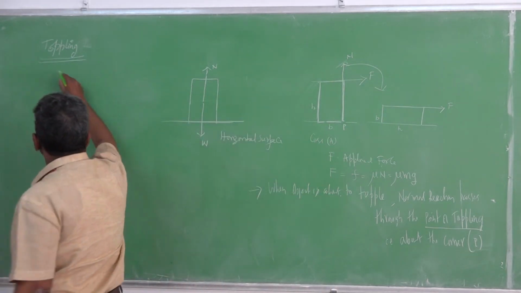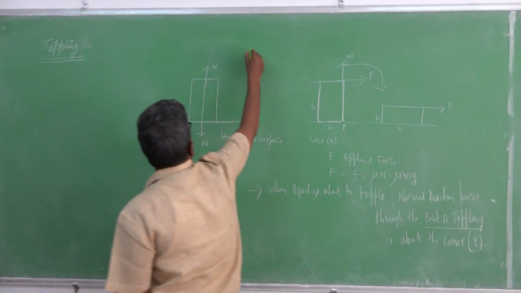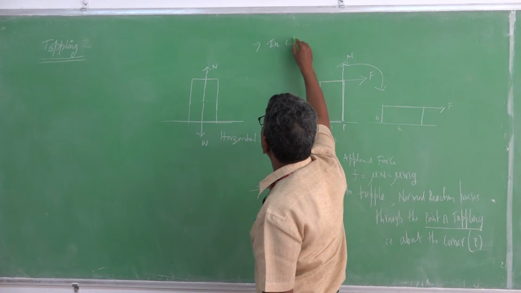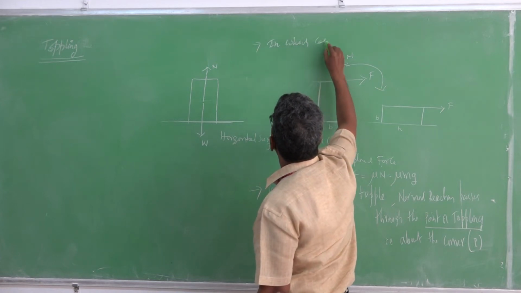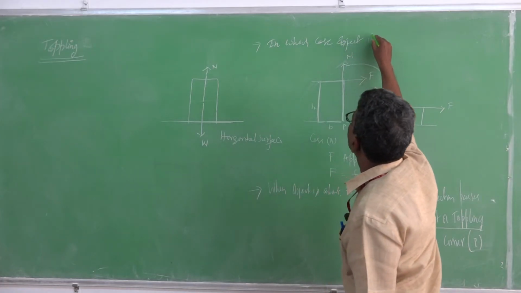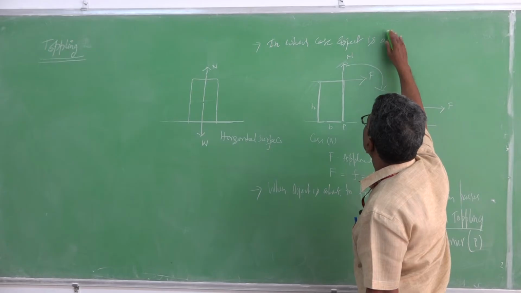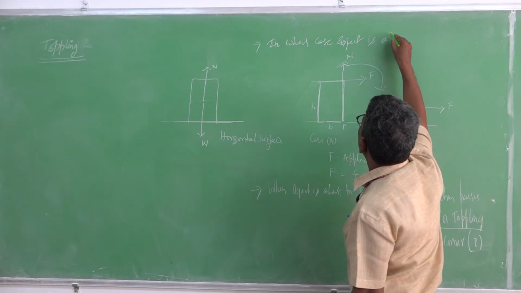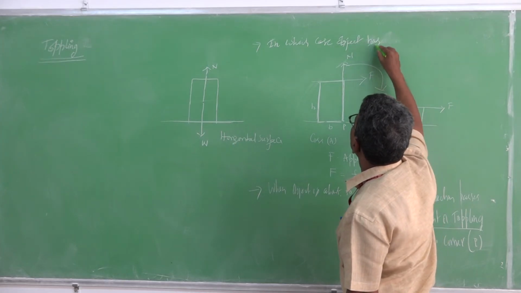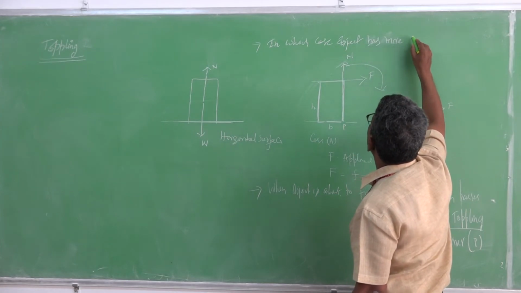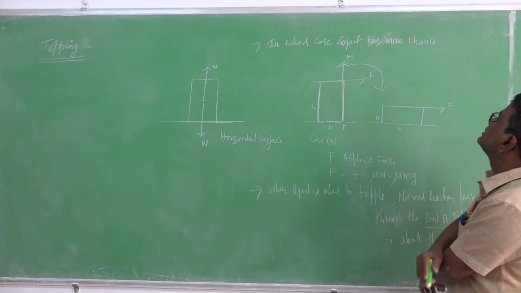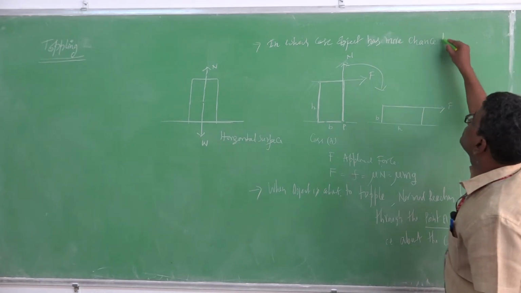So from the diagrams here I will ask one question: in which case is the object about to topple, in which case does the object have more chance to topple?